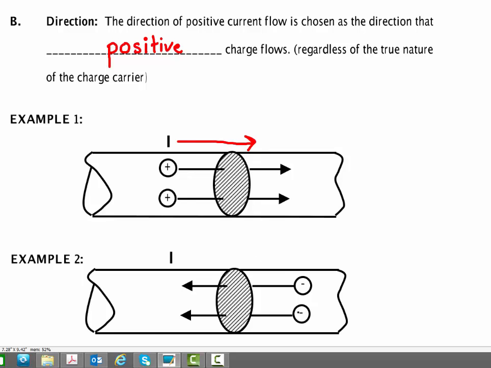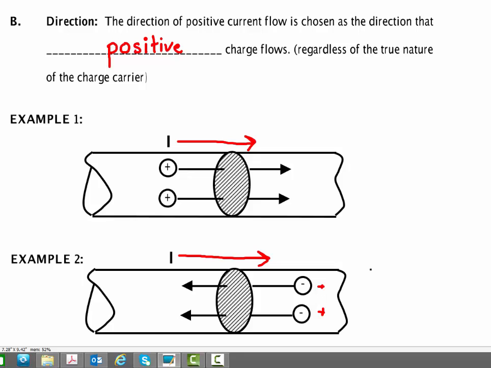However, you could have negative charges, for instance electrons in a metal. They're moving this way, but they're negatively charged. So the current is still in the opposite direction. It's in this direction because that's the direction that I could say is positive. Why? When these minuses leave, it's as if I'm leaving behind positive charges. So the positive charges that weren't there have now moved across, if you would.